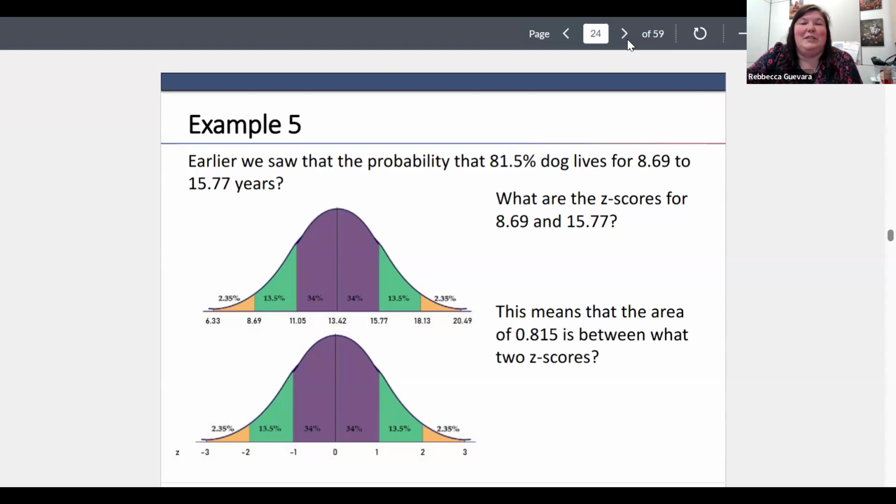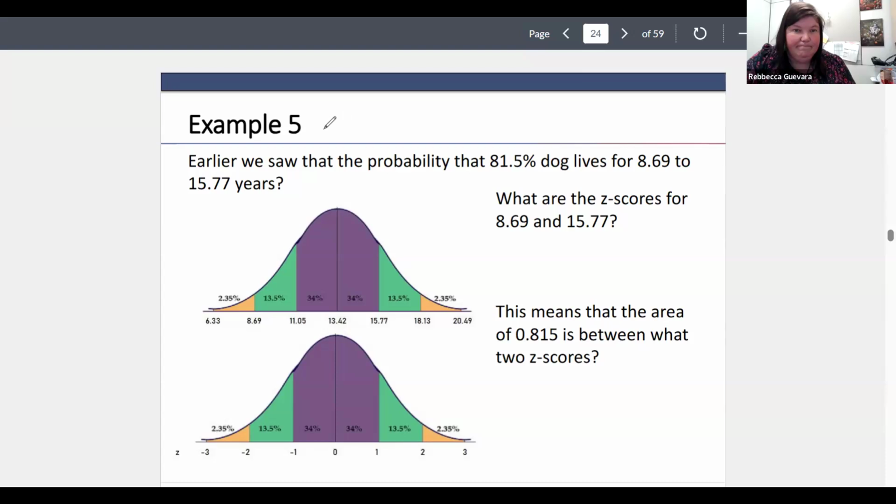Earlier, we saw that we have a probability of 81.5% that dogs are going to live between 8.69 and 15.77 years. So 81.5% of dogs live between these two values. We want to know, what are the z-scores for these two numbers?